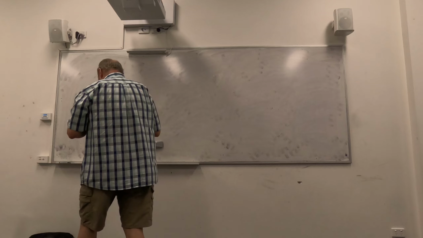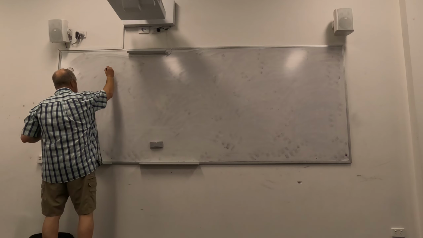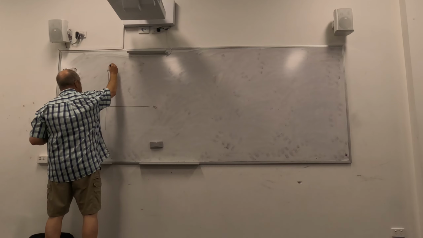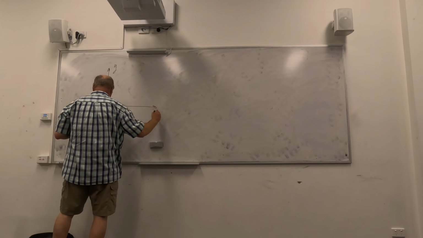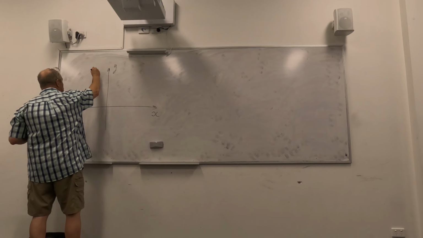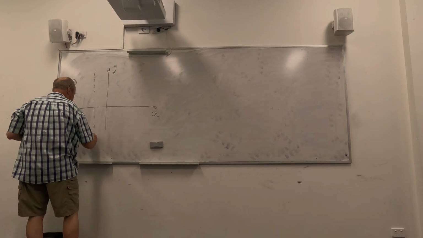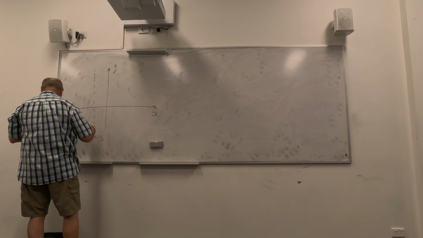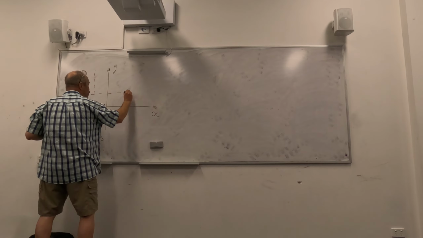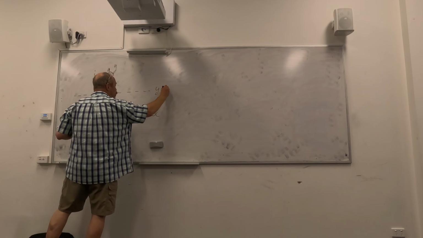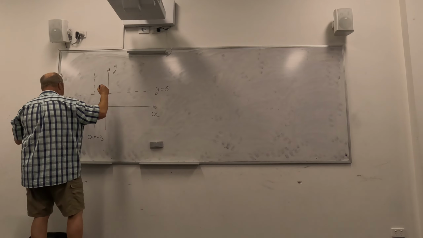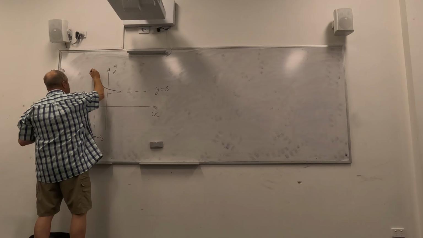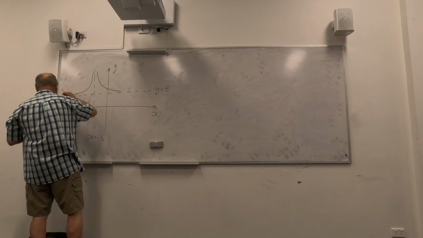So we have a given graph, and we will need to identify its rule. We have asymptote x equals -3, and we have another asymptote y equals 5, and the graph looks like this.